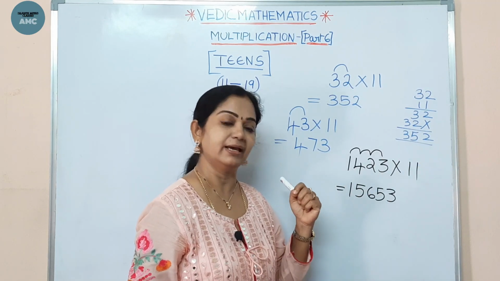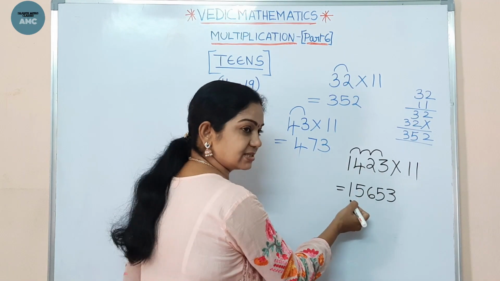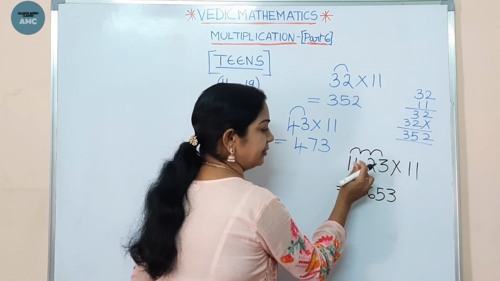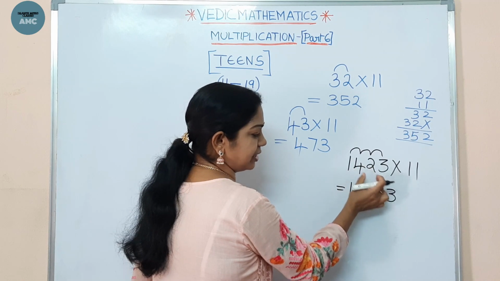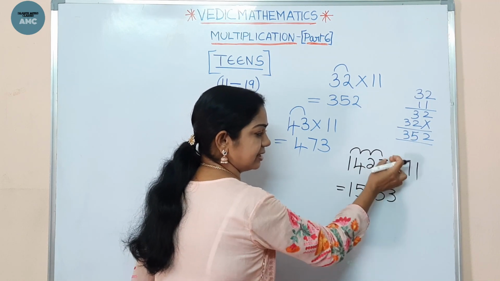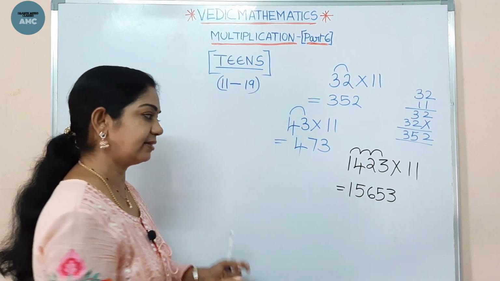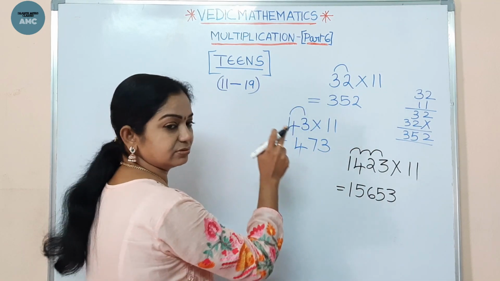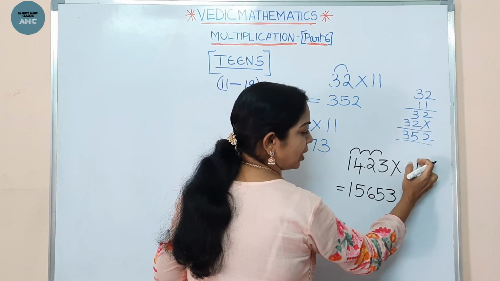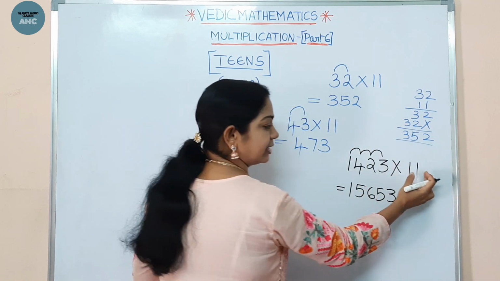14323 multiplied by 11. What I did: I wrote the first as it is, the last as it is, and in between I added two numbers at a time and wrote them down. Nothing but this, these are all teens, 11 to 19. So this part is 1. When we do it with 2, we have to multiply with 2.